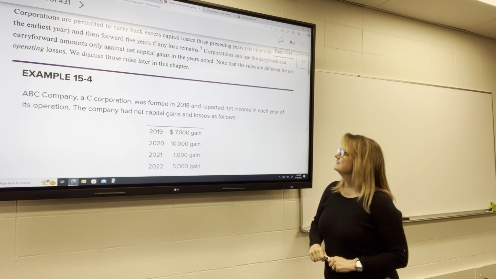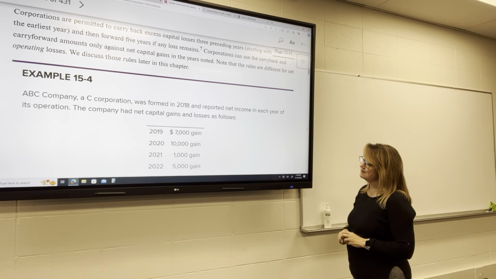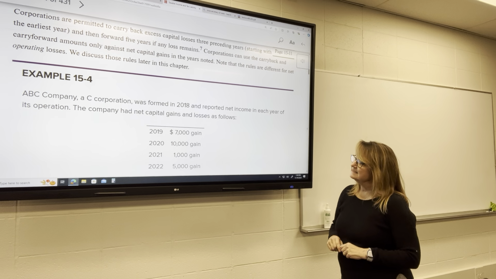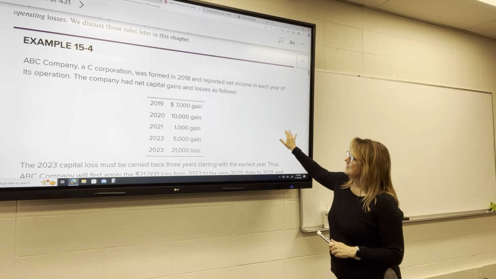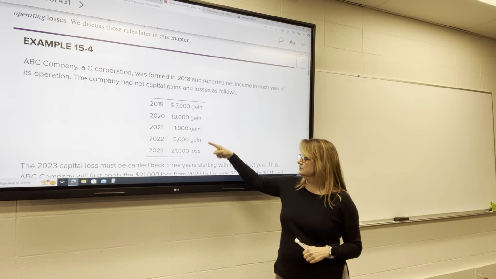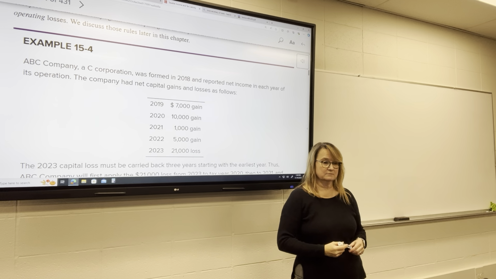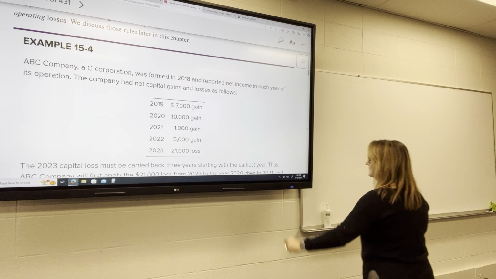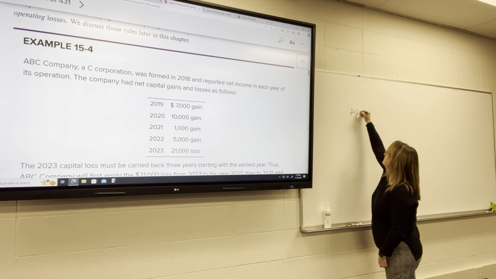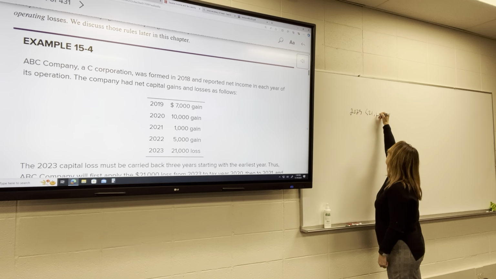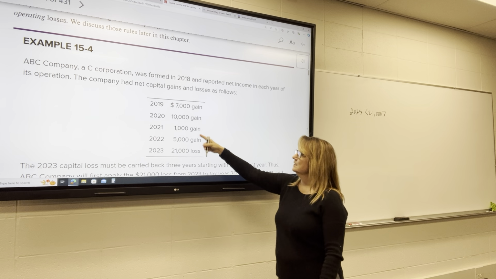So here's an example. ABC Company, formed in 2018, reported net income in each year of its operation. They had net capital gains and losses as follows. They had gains in all of these years, but then in 2023 they had a loss of $21,000. What we would do first, with that $21,000 loss, is absorb it going back to 2020.